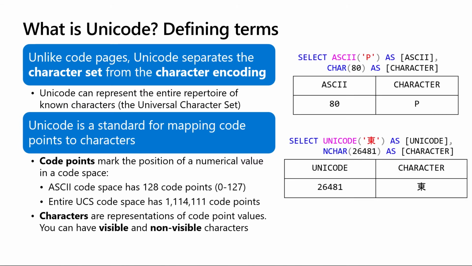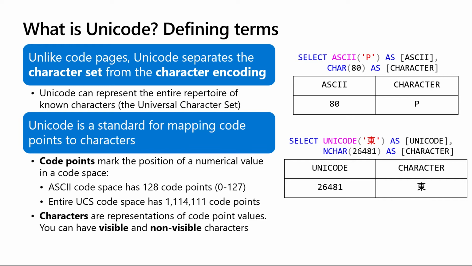For example, if I use the ASCII function to retrieve the Unicode value for the uppercase P, I get the value 80. If I then take the value 80 and use the char function to return the character that maps to that code point, I get the uppercase P. Similarly, with the Chinese character you see in the bottom query there, if I use the Unicode function to retrieve the code point for that character, I get 26,481.